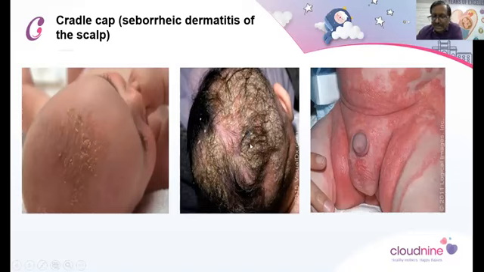For that, you can apply oil and leave it overnight. And in the morning, you can wash it off with shampoo, with a soft toothbrush or a fine tooth comb. But they should avoid oil on the scalp. Only to remove this greasy, scaly stuff, they can use the oil or shampoo. Then they have to clean it. But they should not be putting oil regularly. That you should advise.